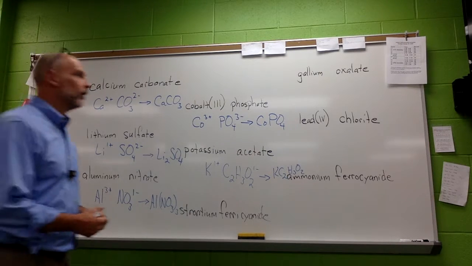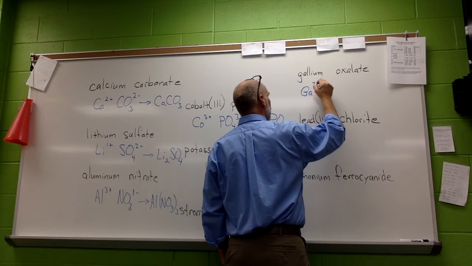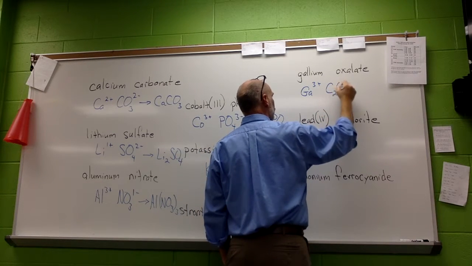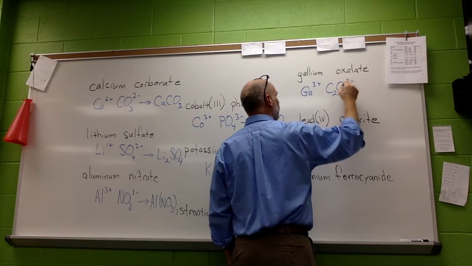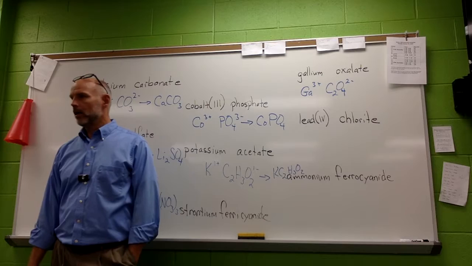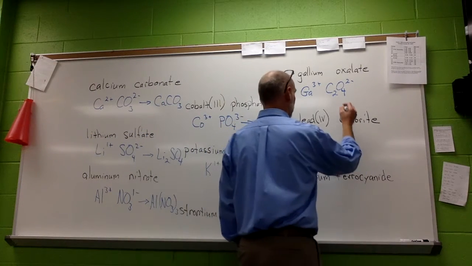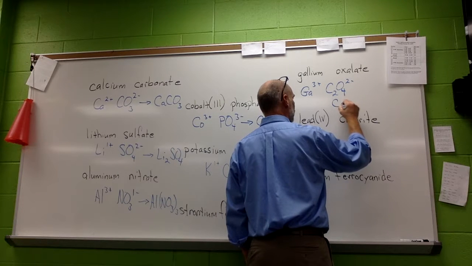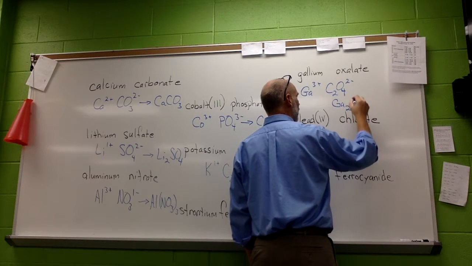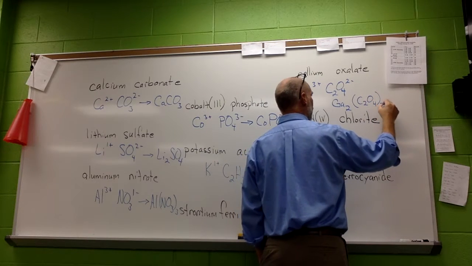Gallium oxalate. Ga with a 3 plus. Oxalate is C2O4 with a 2 minus. Do the charges cancel? No. Lowest common multiple, 6. So I need 2 galliums and 3 oxalate ions.